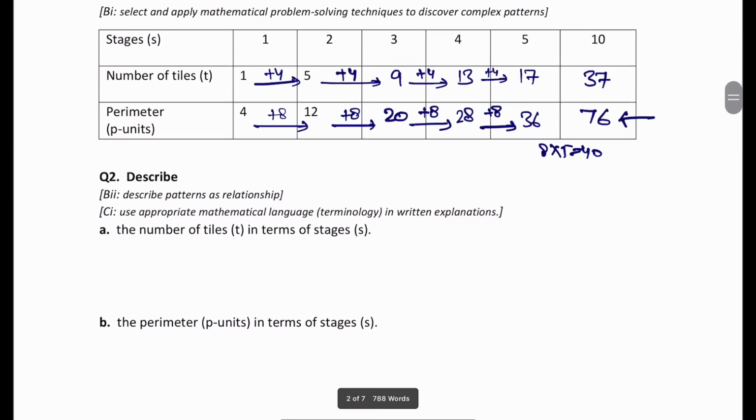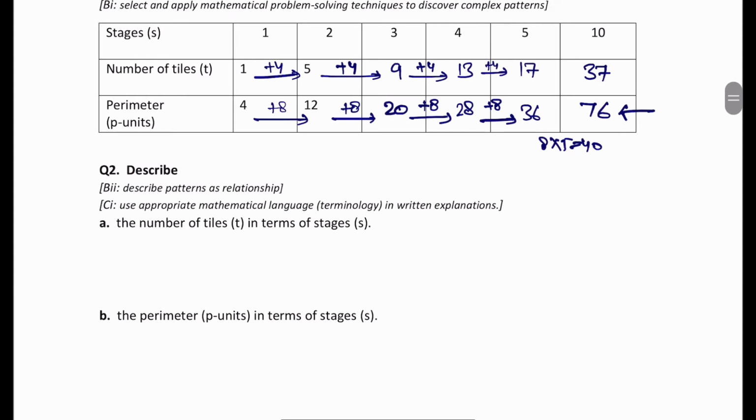Now in the next question, we have to describe the number of tiles T in terms of stage. As you can see, the number of tiles are increasing by 4 every time.